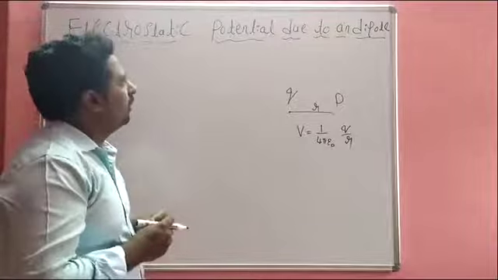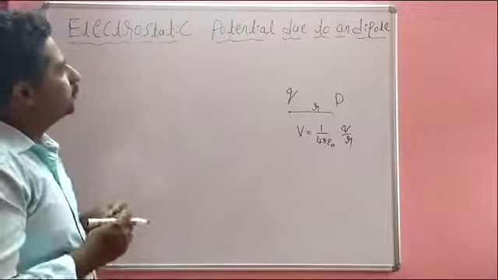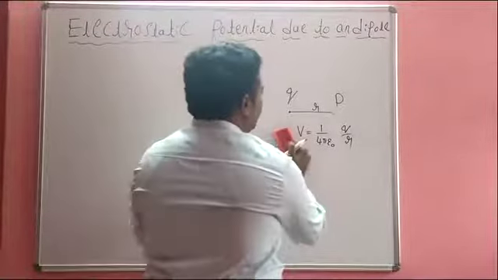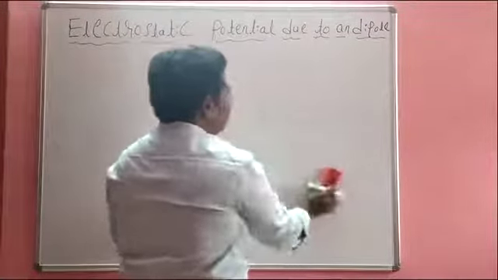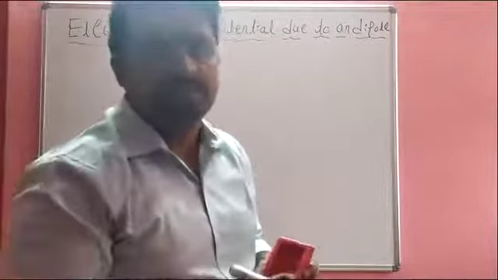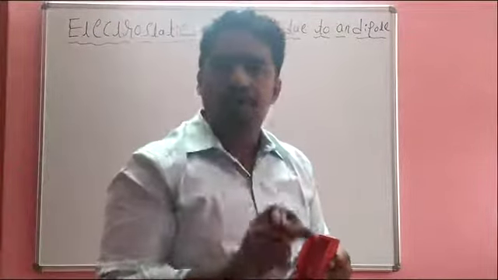Okay, shall we move to the electrostatic potential due to a dipole. Be aware of the dipole from the first topic. A dipole means a pair of equal and opposite charges separated by a very small distance.